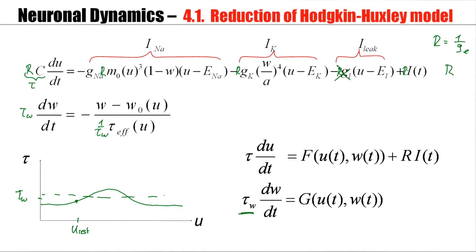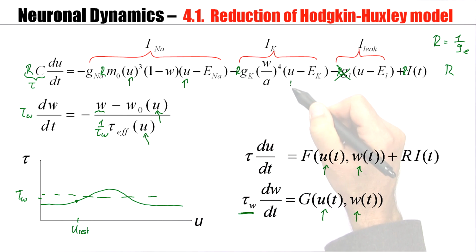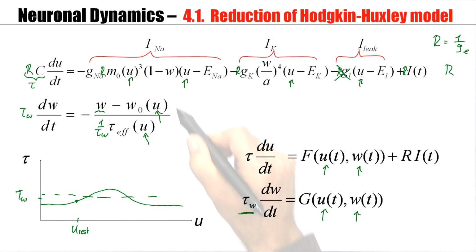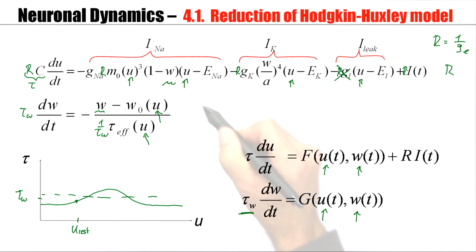Some representative value of tau that controls the w dynamics. On the right-hand side, I have the variables u and w. u comes in here and there, w comes in here. And I have my voltage equation, again with u and w. u is here and here and here and there, and w appears here and here.